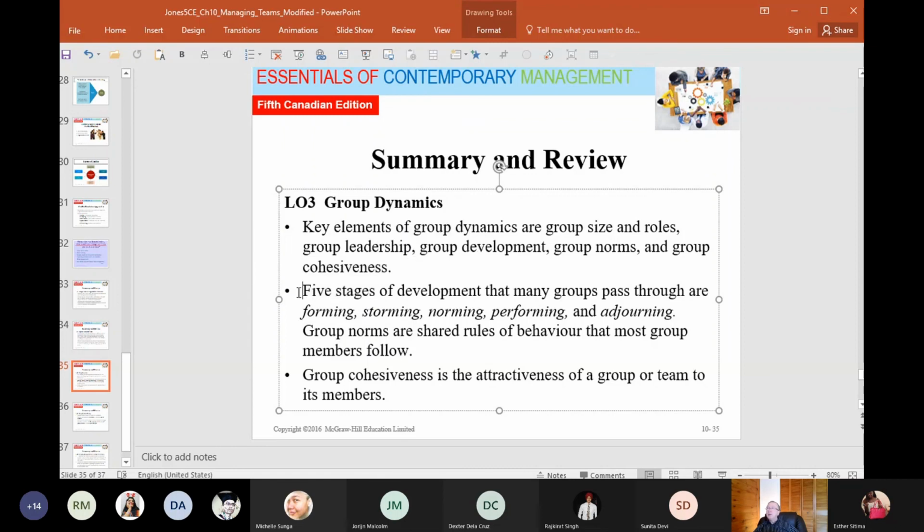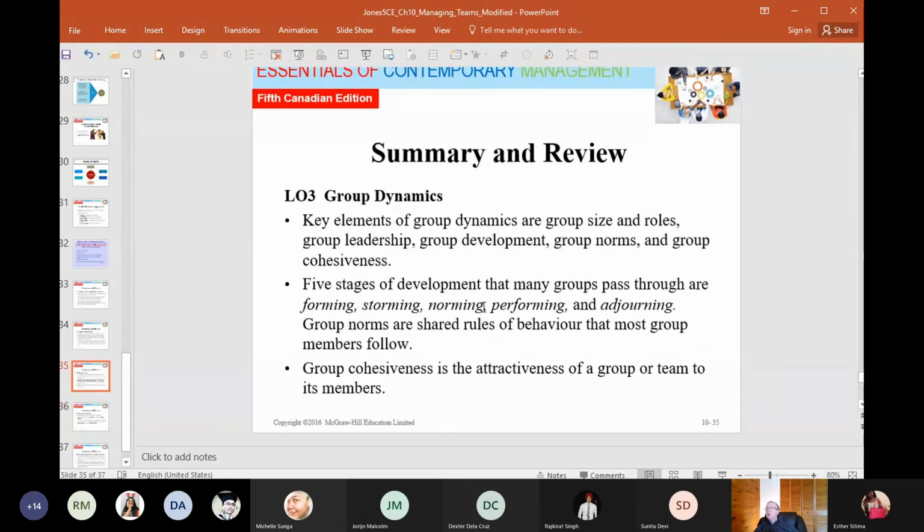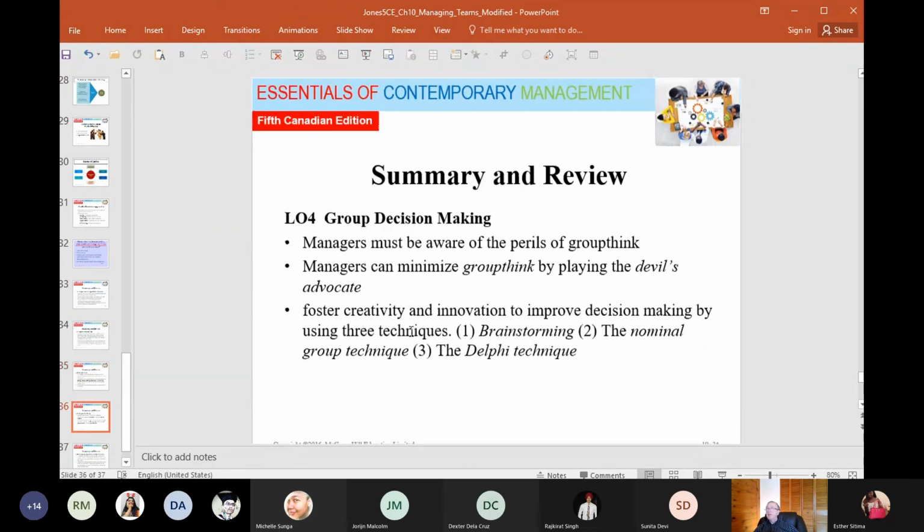And we did mention the 5 stages of development. Groups are not static. They are formed, they grow, they go through a storming period, norming period, performing, and adjourning period. So these are the stages of group development that explain that groups are not static but dynamic.